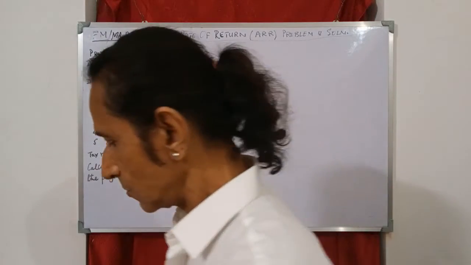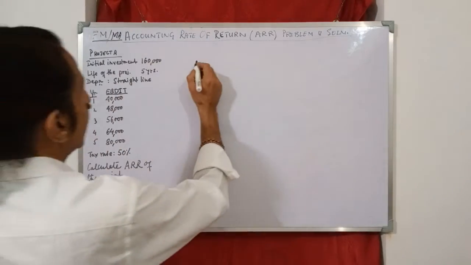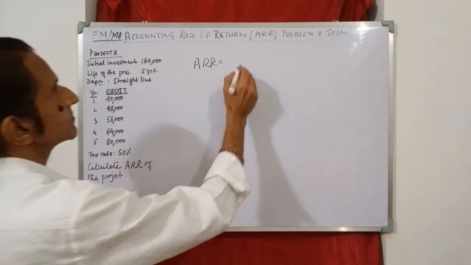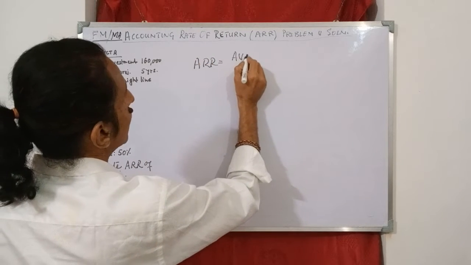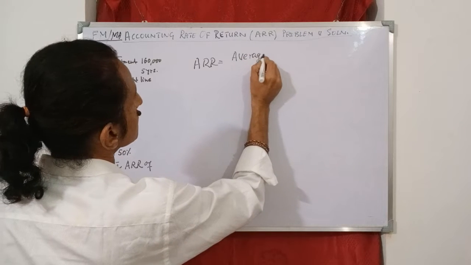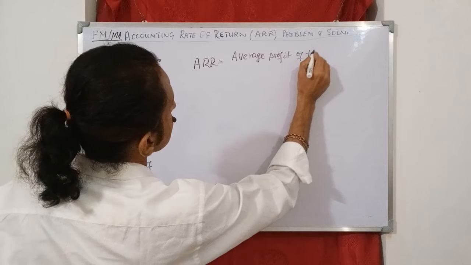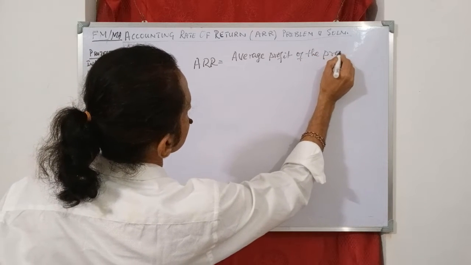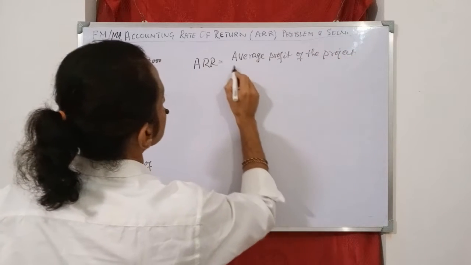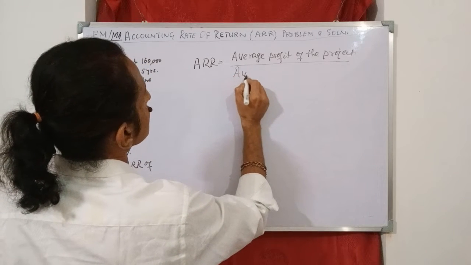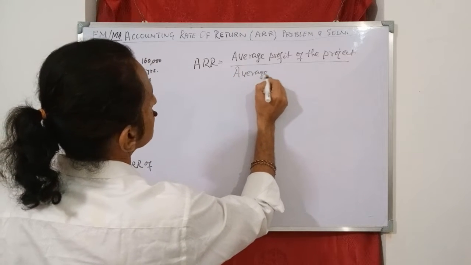Okay, so ARR is equal to average profit of the project divided by average investment.